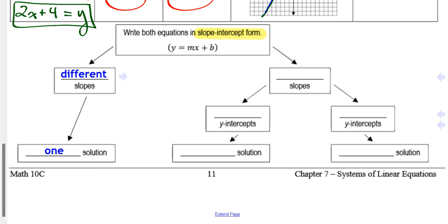If we find out that our slopes are the same, then there are two possibilities. We need to look at the y-intercepts to find out how many solutions we might have. If our y-intercepts are different, then we have zero solutions because our lines are parallel.